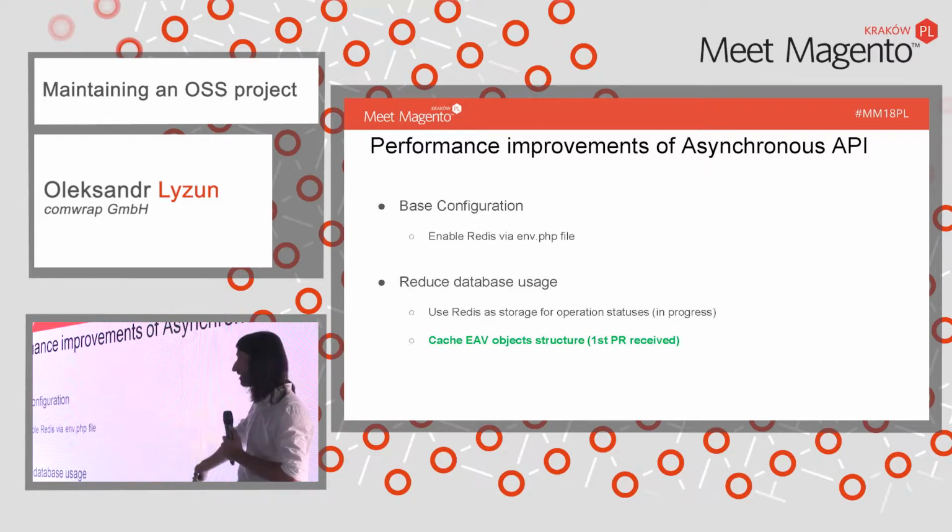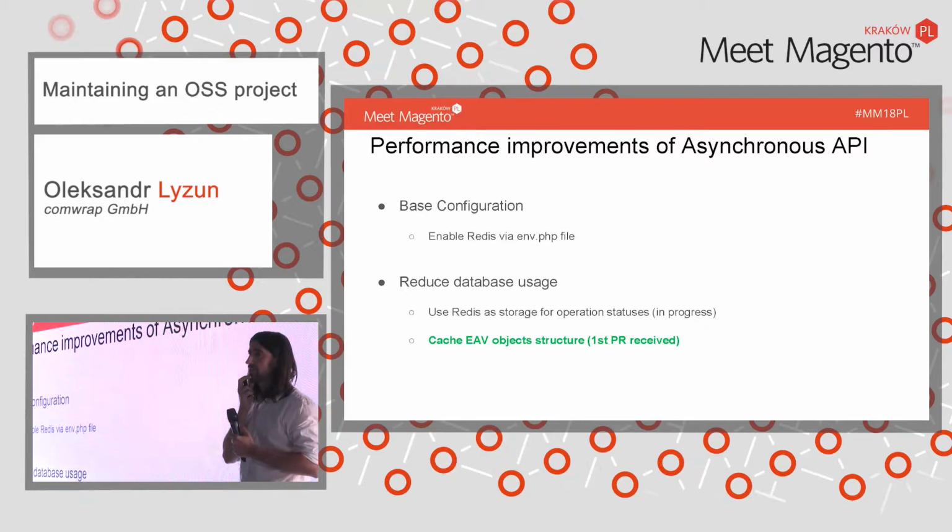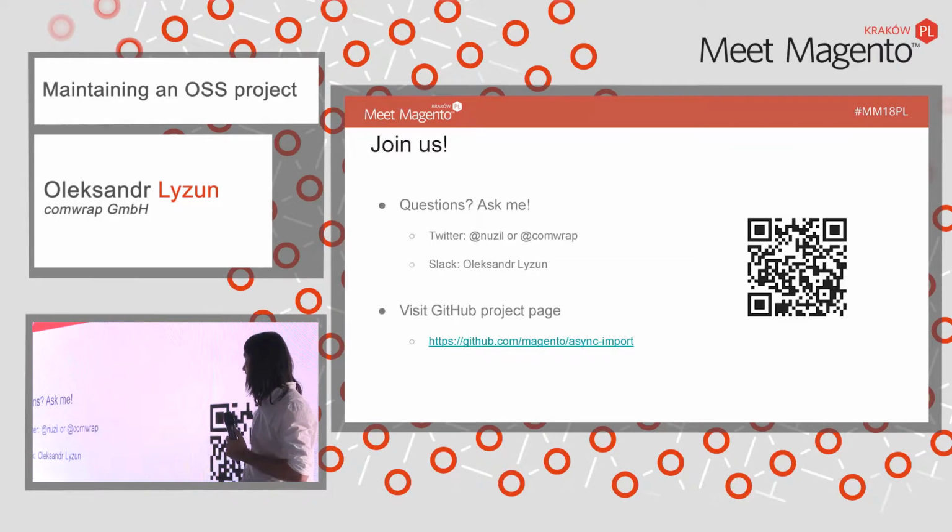I marked it just yesterday as green because there was a contribution day 2 days ago, and we got a pull request which covers this functionality. It's not tested yet, but at least that's a really good start already. There were also some guys who worked on the Redis storage, and we already have the key value framework there, and the Redis framework is coming. Then it can also be used for other functionality of Magento, and it's easily enabled with environment PHP.